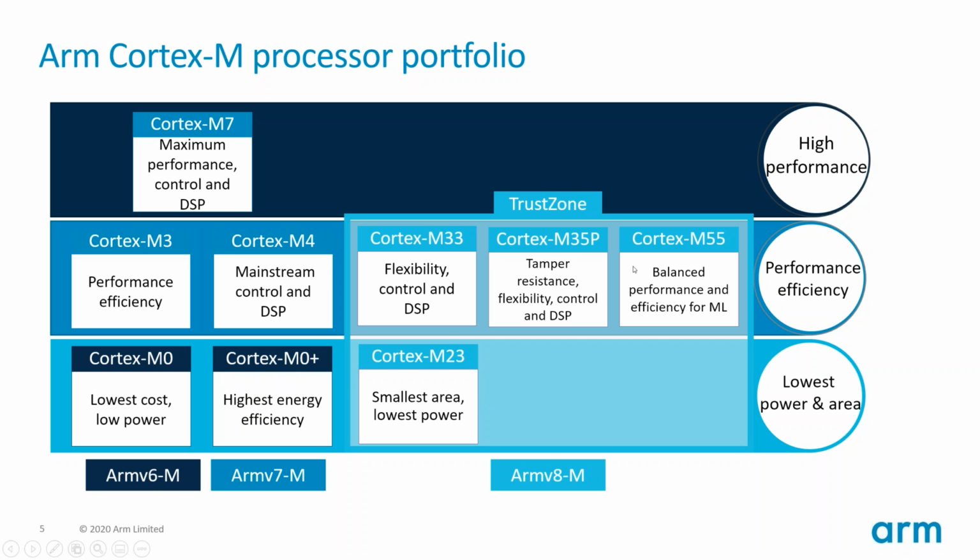So here you can see it. All our latest processors in the Cortex-M family have TrustZone technology as well: the Cortex-M33 and M35P, and also the latest addition with the optimization for machine learning operations. It also has TrustZone, because this is really crucial to ensure security on the device.